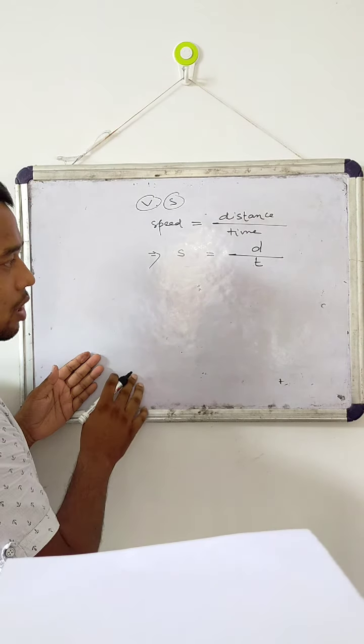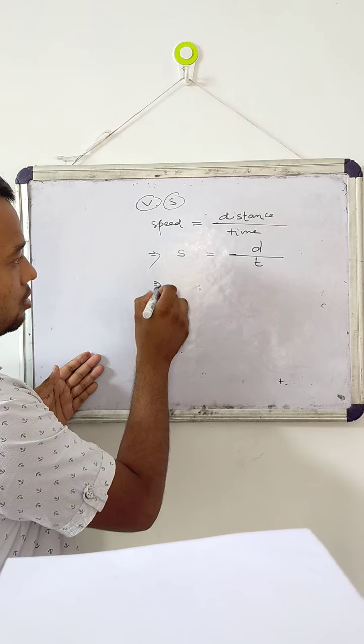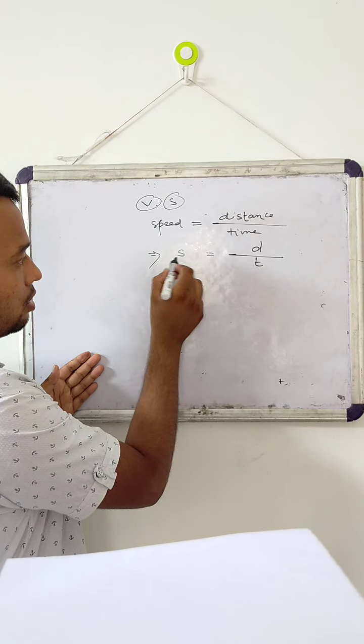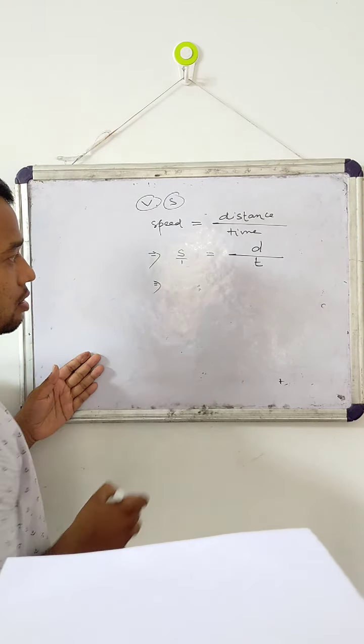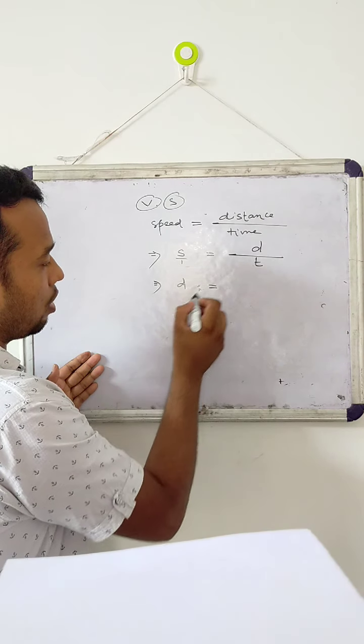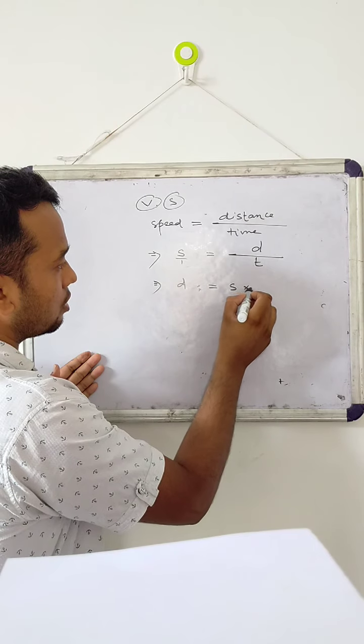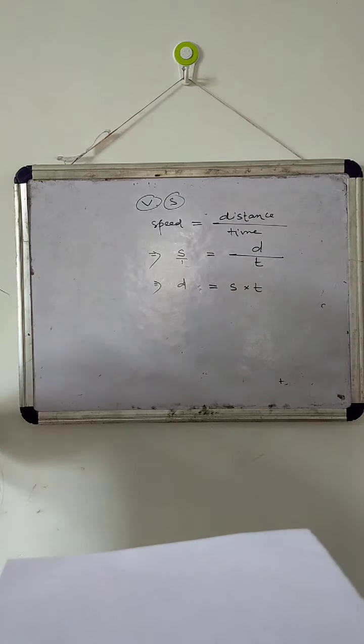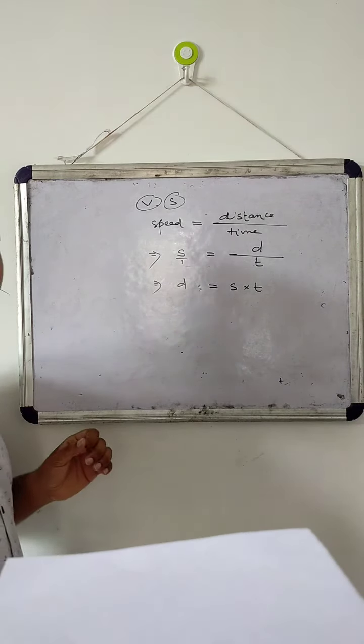If we cross multiply, then distance will be equal to S into T. That means distance equals speed into time.